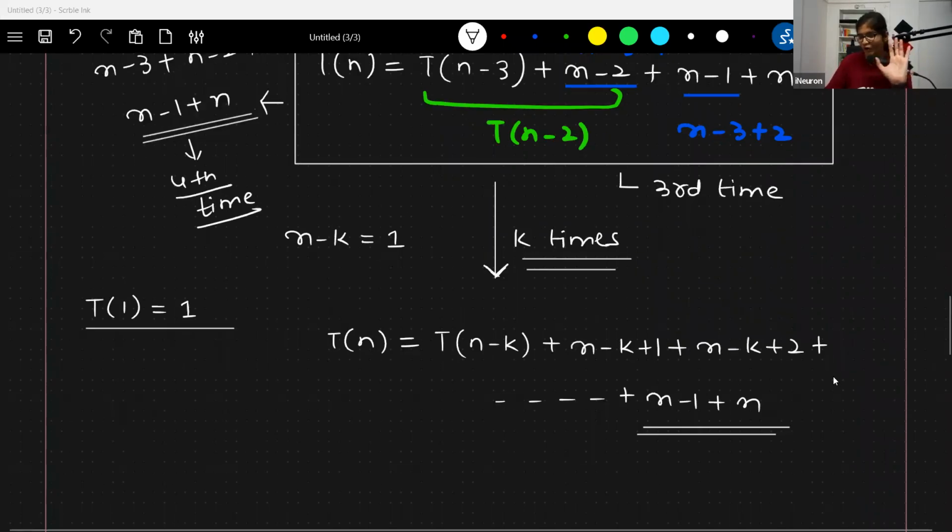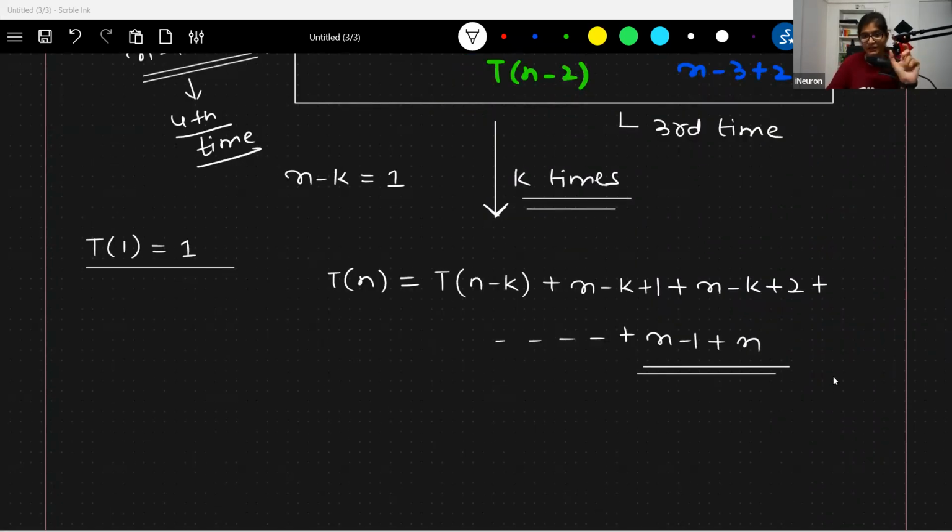Now, I hope this part is clear to everyone, right? Now here, if you observe, what is the value of k? We can calculate it. Can I say that the value of k will be equal to n minus 1? So instead of k, you can place n minus 1.